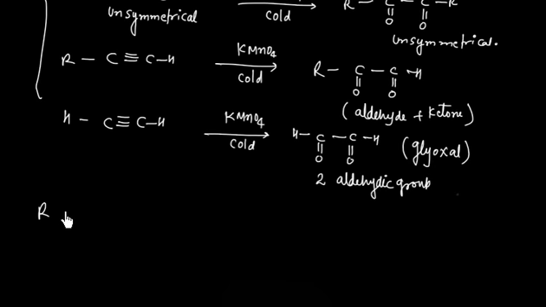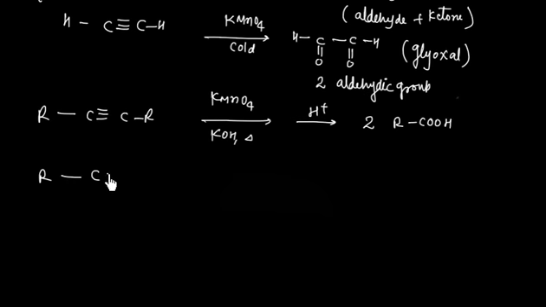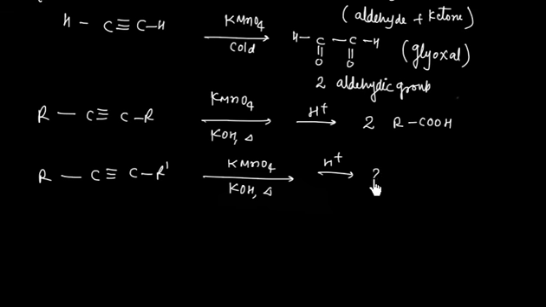So if I have a symmetrical alkyne, KMnO4 hot, and medium is basic, and if this is further acidified, we will have 2 moles of the same acid, so we'll have RCOOH. If the initial alkyne is not symmetrical, and this is treated with KMnO4, KOH, heat, further acidification, it will give two different acids.